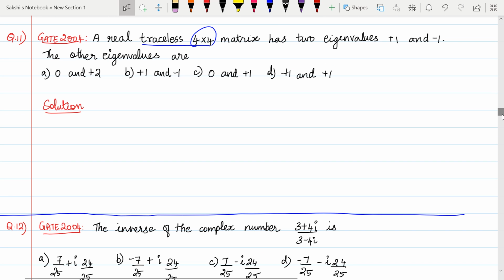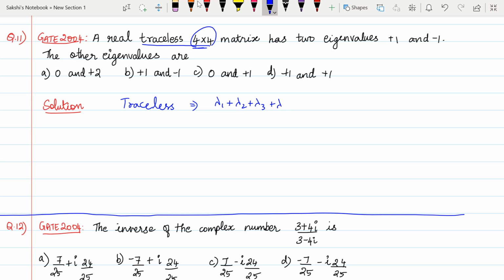So if you see here, a real traceless matrix is given. Okay, traceless represents that the sum of eigenvalues will be equal to 0.